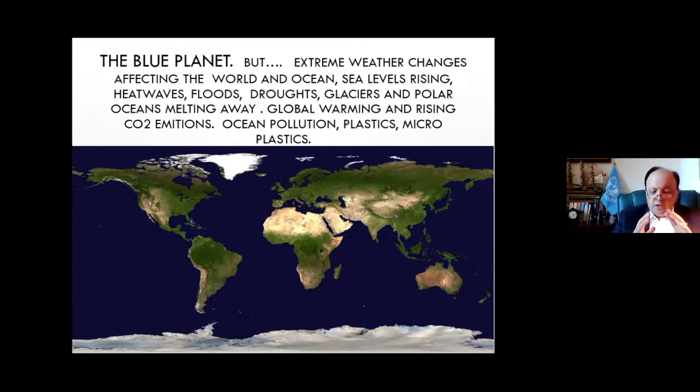These polar regions, I have to stress again, are essential for this redistribution of energy in the form of heat on the planet. And this is done between the atmosphere and the ocean, as we will see. The atmosphere and the ocean work together in this key redistribution of heat.